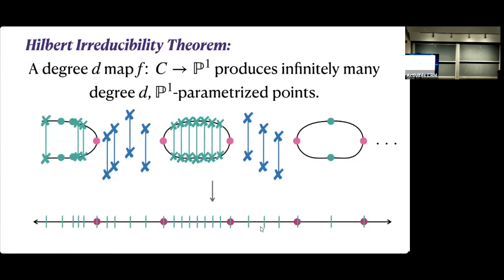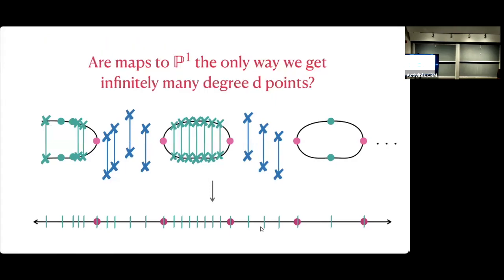Okay, so then Carlo predicted the next question. We could ask if maps to P1 are the only way we get infinitely many degree D points. If you pause and faithfully rewind your internal recording of what I said and replay it, you will realize that basically the only thing we used was that the base curve had infinitely many rational points.